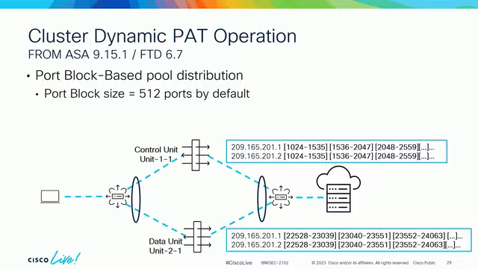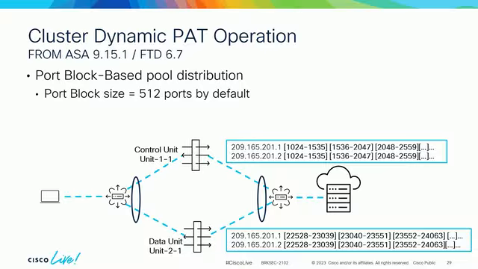So the way it works is that if a node receives a new connection that is subjected to PAT, the node will allocate a free port from the first block available. And it will do the same for each new connection that is subjected to PAT.